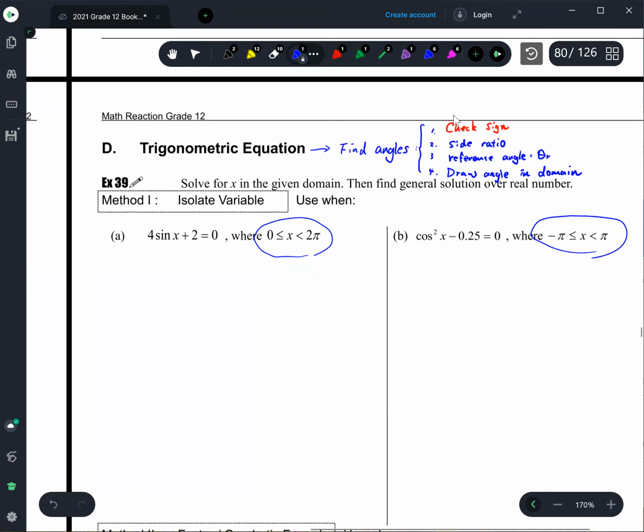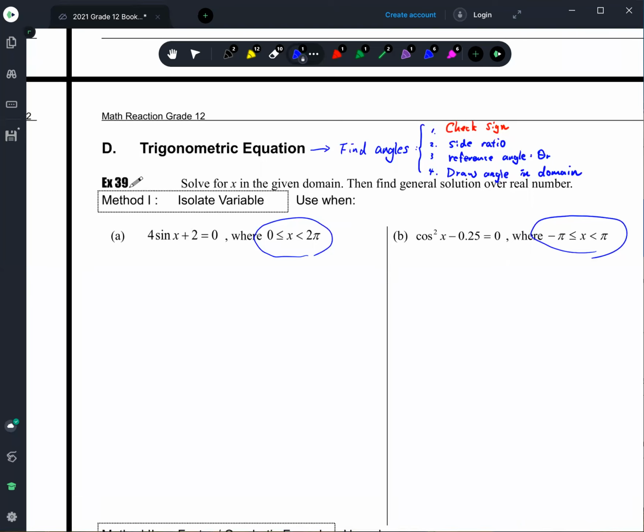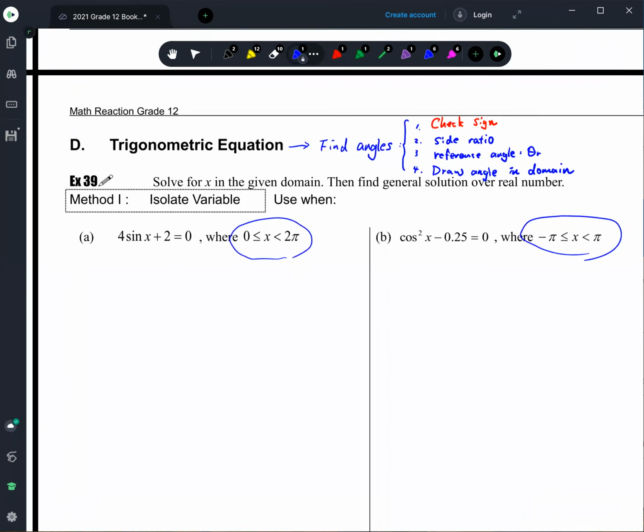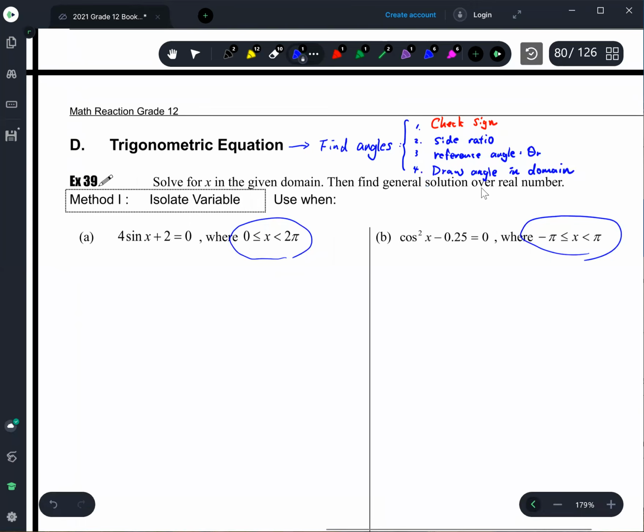Please raise your hand after you write the 4 steps down, and then we'll try the questions, all right?